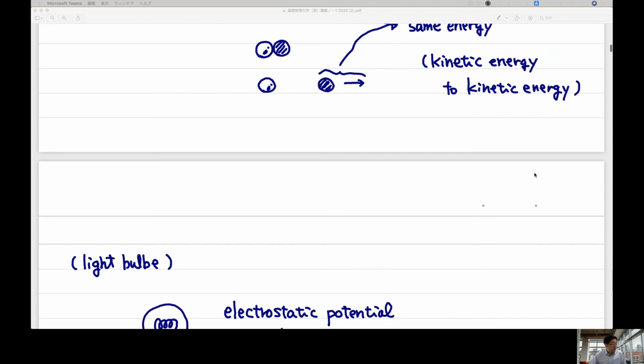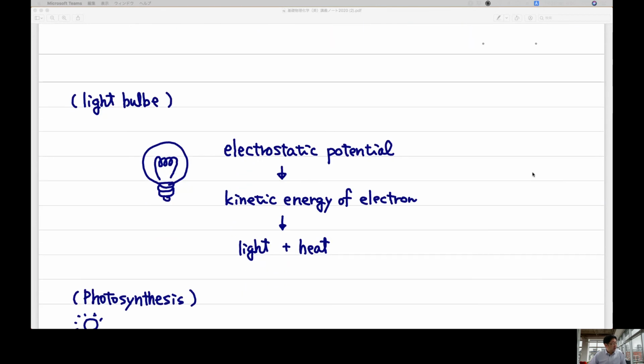Another type of energy transformation is the light bulb. This is the light bulb. First, the electrostatic potential is applied to the light bulb. This potential energy changes to the kinetic energy of the electrons. Electrons go to this light bulb with kinetic energy, and that kinetic energy transforms to light and heat on this filament.